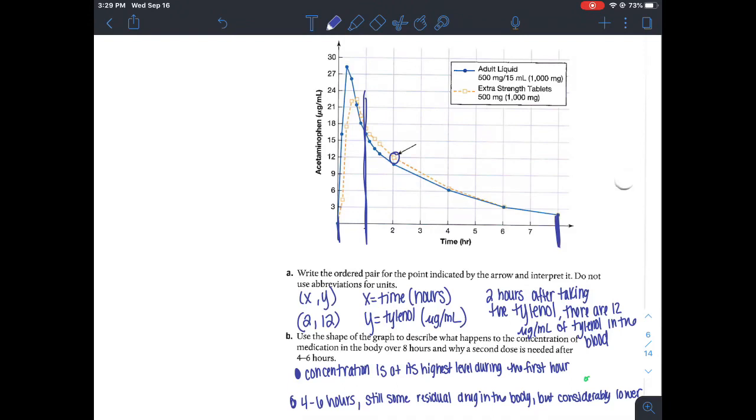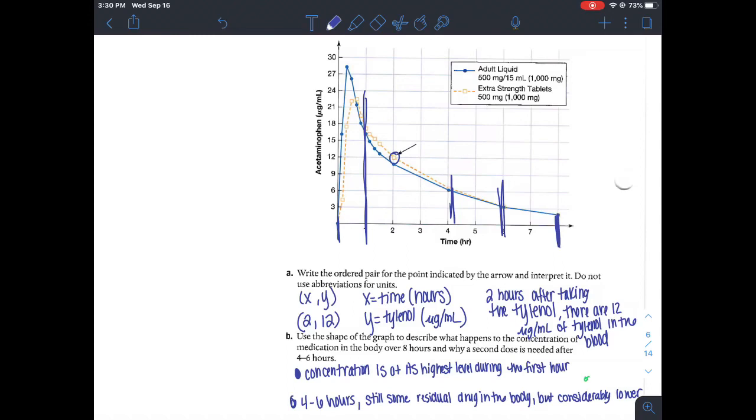And then after that, this is an exponential function, if you remember that term back from Math 1. Maybe you saw it in Math 2 or Math 3. I don't know. And then why do we need to take a second dose after the 4 to 6 hour range? So from here to here, there's still some residual drug in the body, but it is considerably lower than what it was during that first hour.